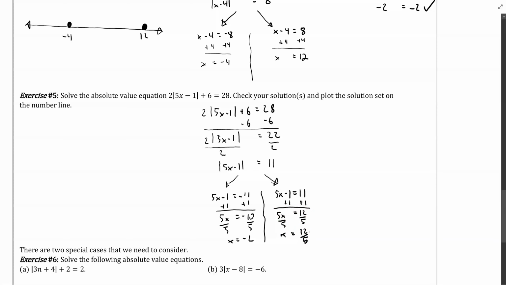Okay, so my solutions are x equals negative 2 and 12 over 5. And if we wanted to graph this on the number line, we simply need to plot the points negative 2 and 12 over 5.